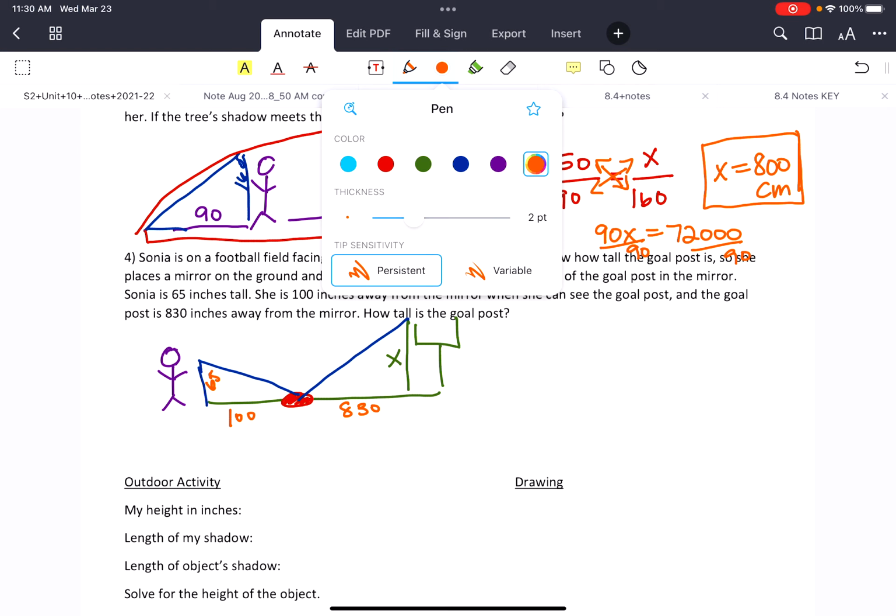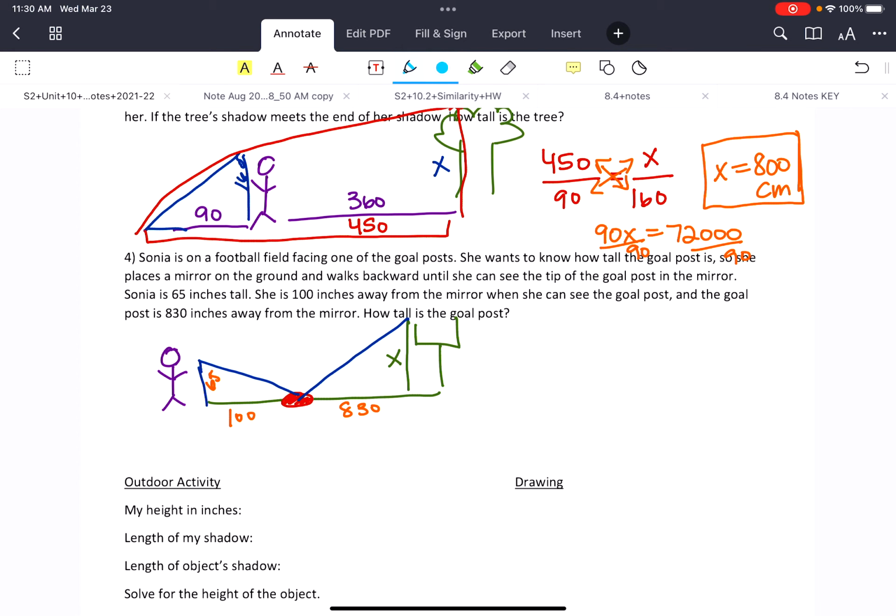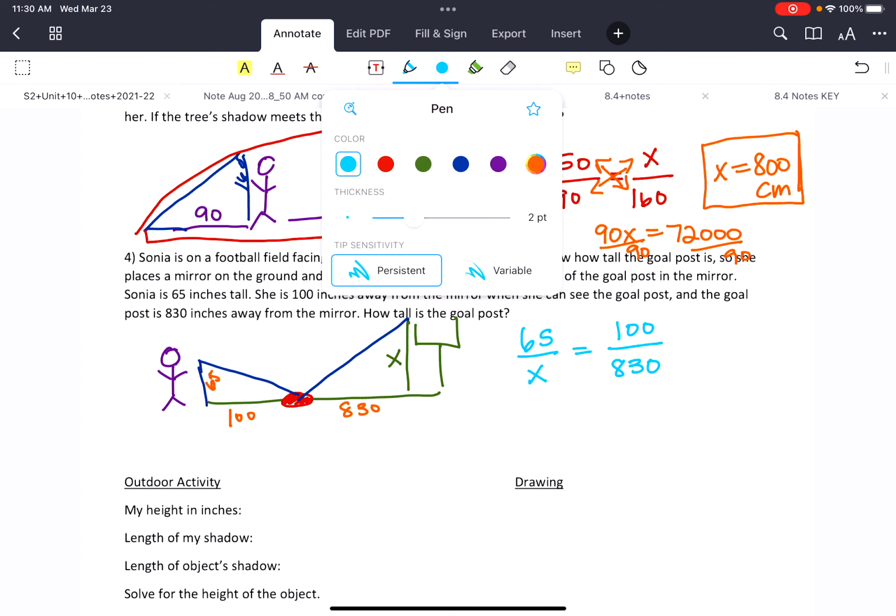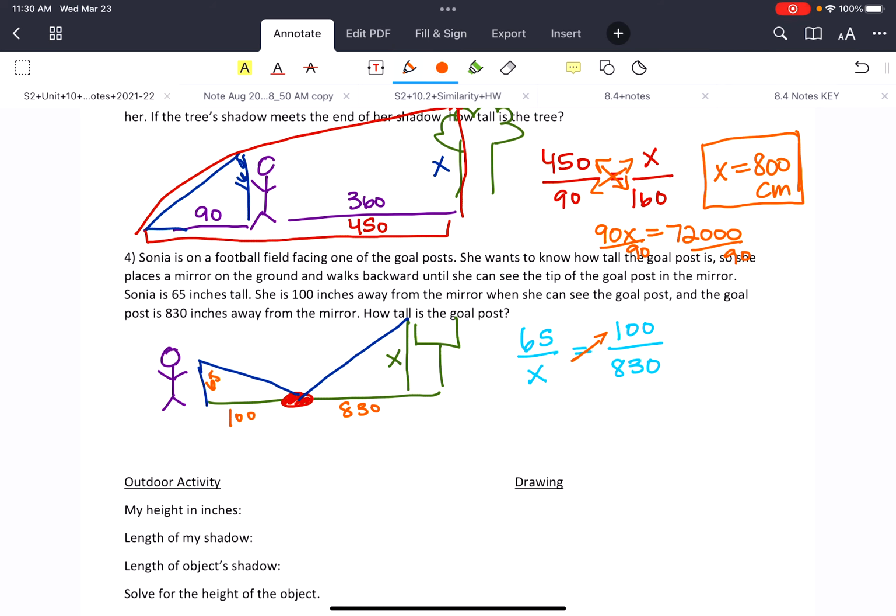So we are going to line these up just like every proportion we have done so far. We're going to do her height of 65 is a proportion with the height of the goalpost. Her distance from the mirror is 100. And the distance from the mirror to the goalpost is 830. And we go ahead and cross multiply this last guy.